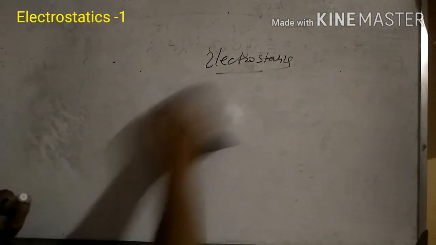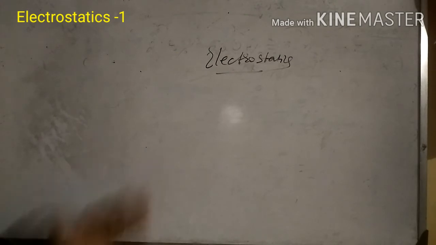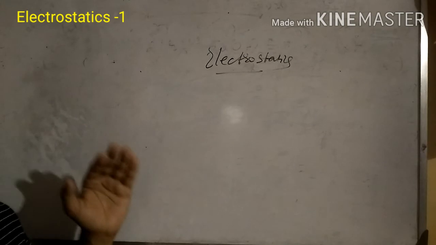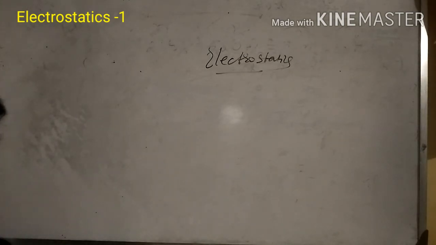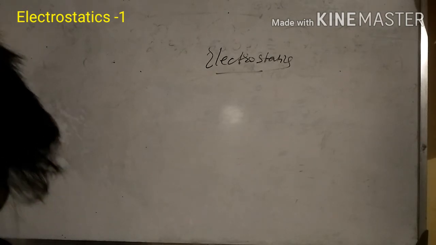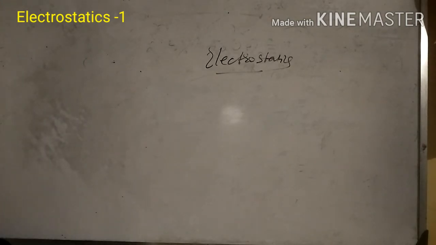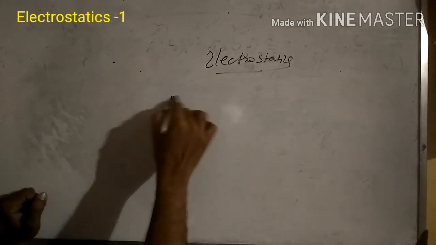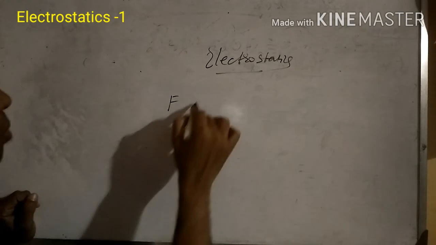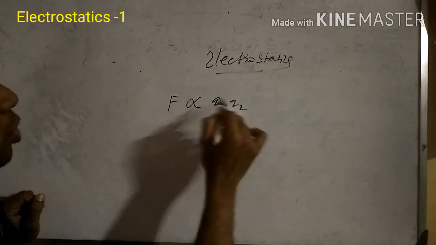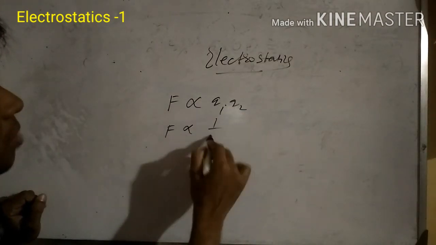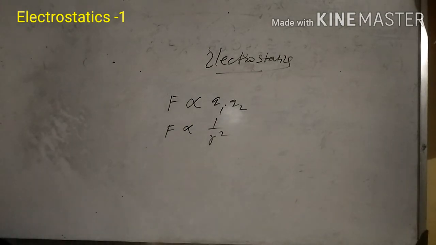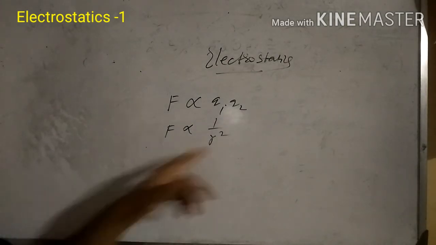Now, we introduce Coulomb's law. So, what is Coulomb's law? Coulomb's law describes the electrical force between two charges. According to Coulomb's law, the force is proportional to the product of the two charges and inversely proportional to the square of the distance between the two charges.